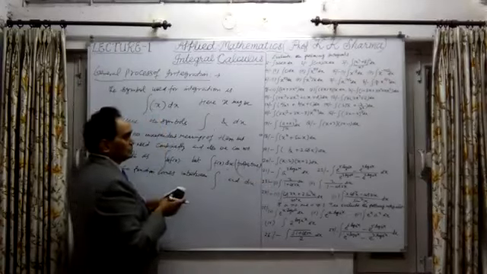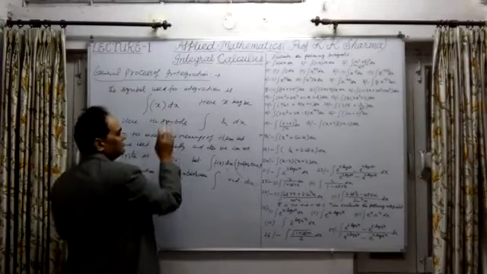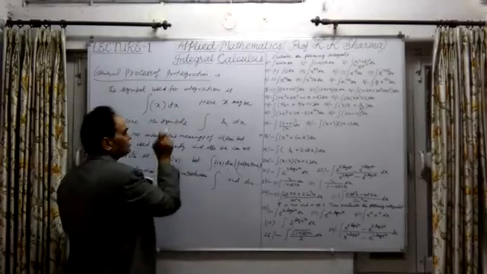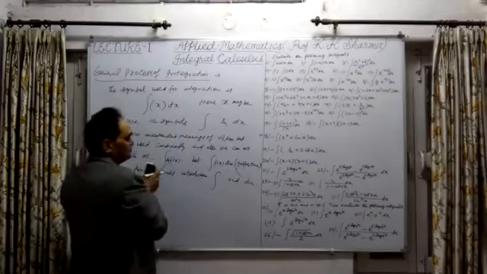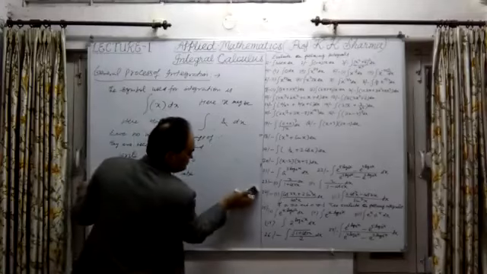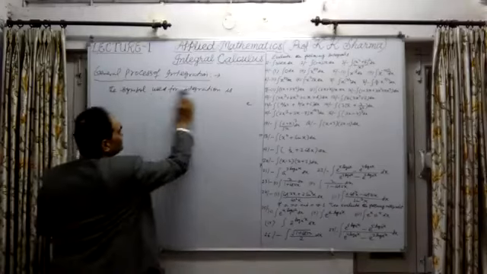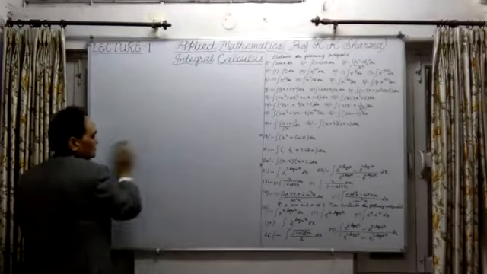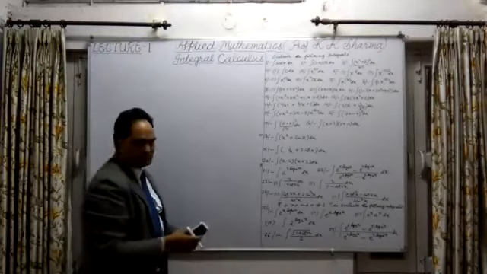This is generally the process of integration. The dx shows what variable is to be used for differentiation, with which variable we are integrating. We have to integrate with respect to the variable given here. This is the general process of integration, and we write these symbols in this process.